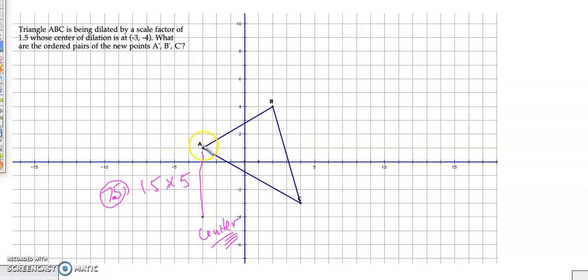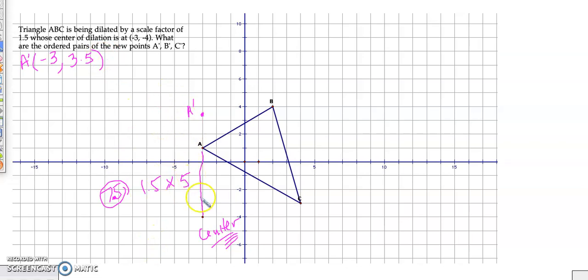We already know that this is 5, and then 6, 7.5 puts us right here at A prime. In A prime, we can actually write out what that ordered pair is. You're over at -3 because the x-coordinate hasn't changed, only the y-coordinates change. And 7.5 units up from the center puts us at 3.5. So that's going to be the first ordered pair.